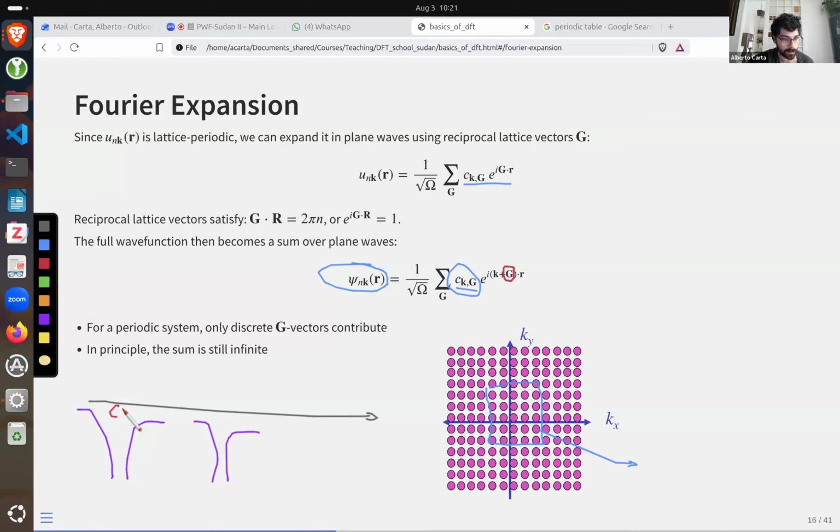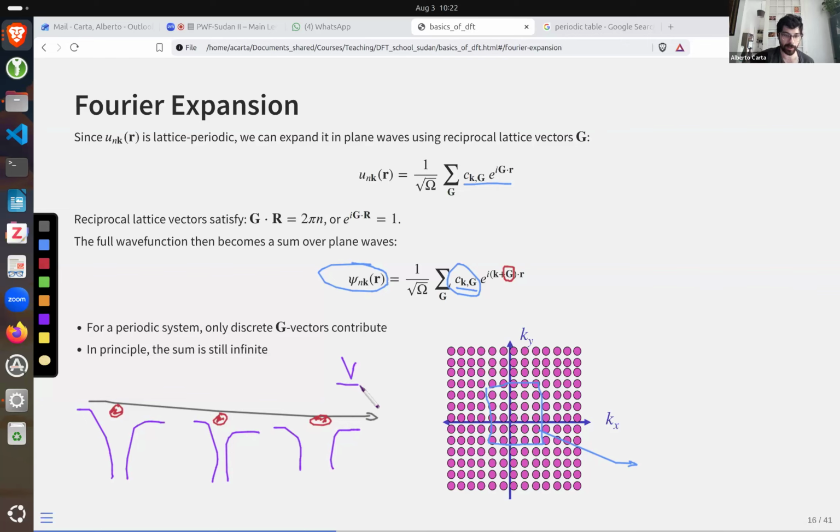So we have an atom here, and the various atoms here, and each atom comes, and this is going to be periodic. I'm sorry, I'm trying to draw with the mouse, so it's looking horrible, but hopefully you get the idea.